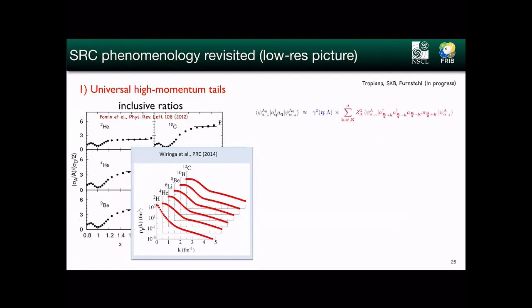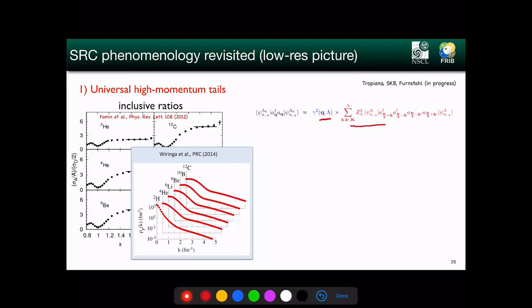And again, this follows rather trivially in our approach. So this is the form of the evolved low resolution operator taken in an evolved low resolution state. And you see that sure enough, all the Q dependence gets factorized out front. And then what remains here is a soft matrix element, which encodes all of the A-dependent rescalings of these plateaus.